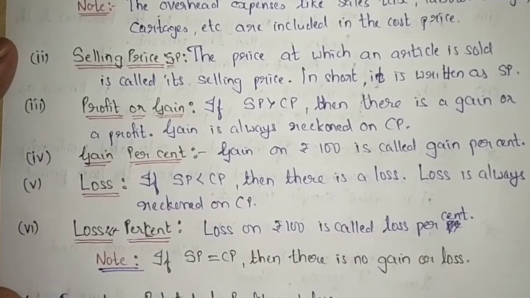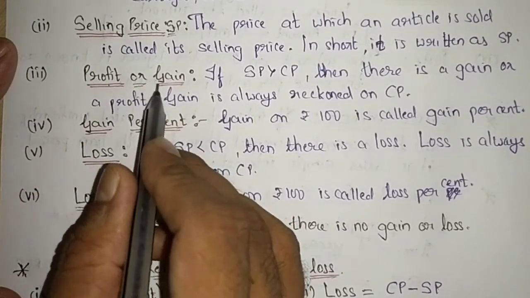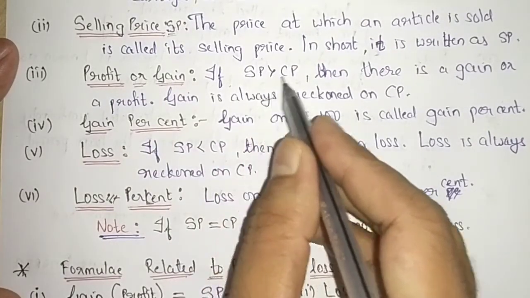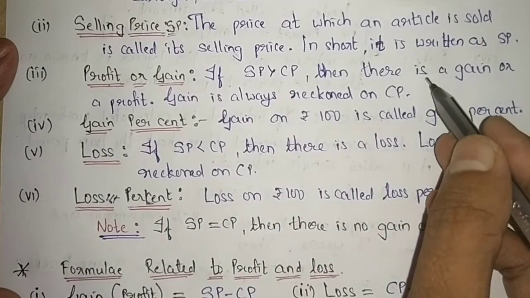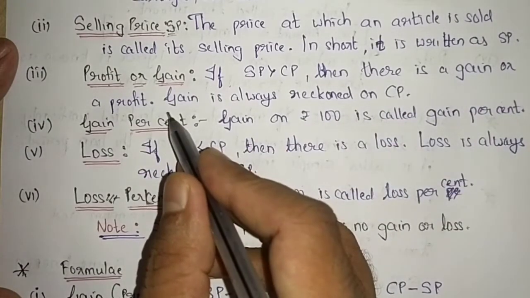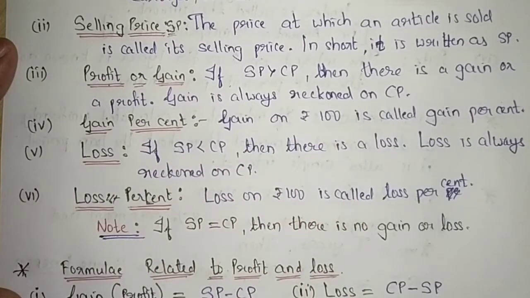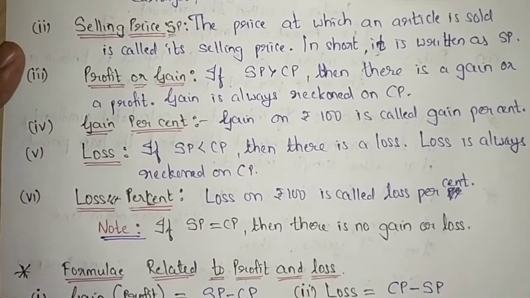Now, profit or gain, another term. If selling price is greater than cost price, then we can say that there is a gain or a profit. Gain is always calculated on cost price. Now, what is the profit? I have told that I have sold the car for 7 lakhs and the cost price was 5 lakh 25,000.